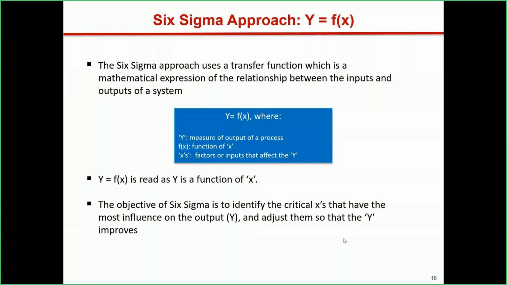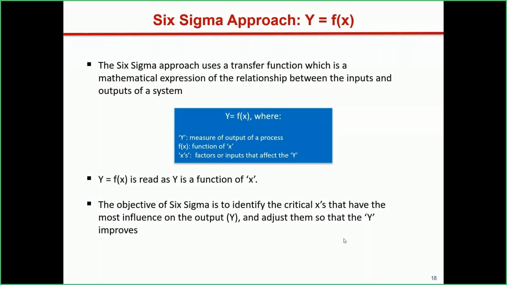Y equals function of X, where Y is the measure of output of a process, and X means factors or inputs that may affect Y. It is read as Y is a function of X. The objective of Six Sigma is to identify the critical X's that have the most influence on the output Y and adjust them so that Y improves.